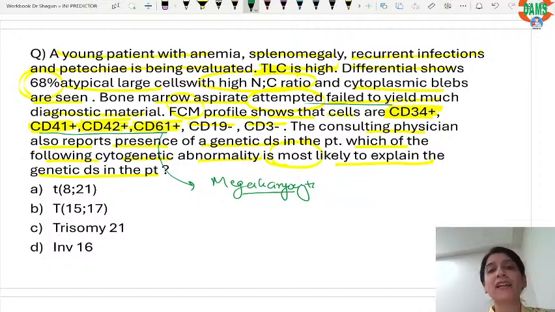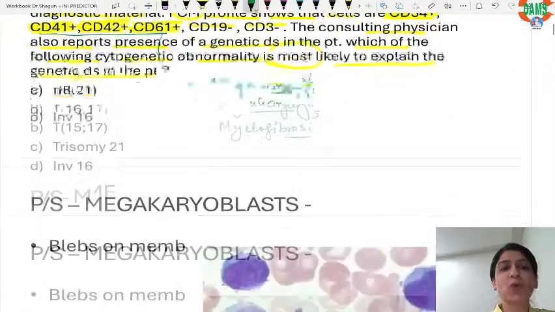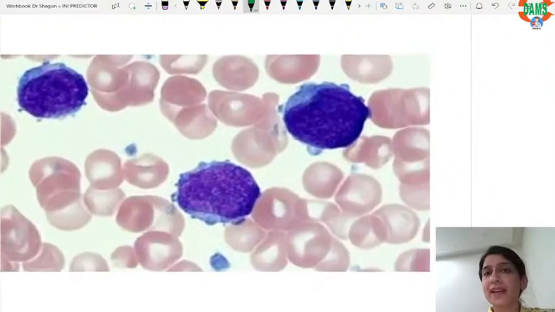Because there was myelofibrosis. So myelofibrosis, megakaryocytes with 68% atypical large cells means I have megakaryoblast, and the classical point they have given is presence of the cytoplasmic blebs. Yes, you all know how we recognize megakaryoblast.